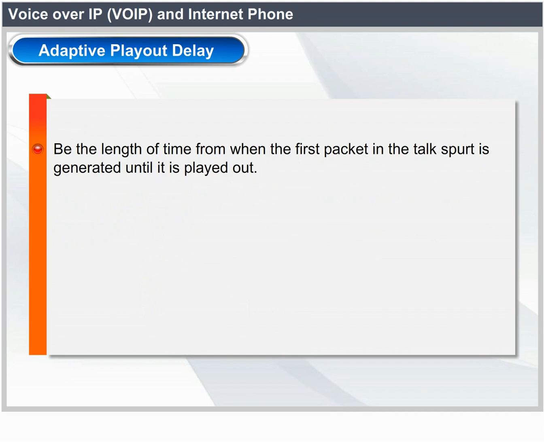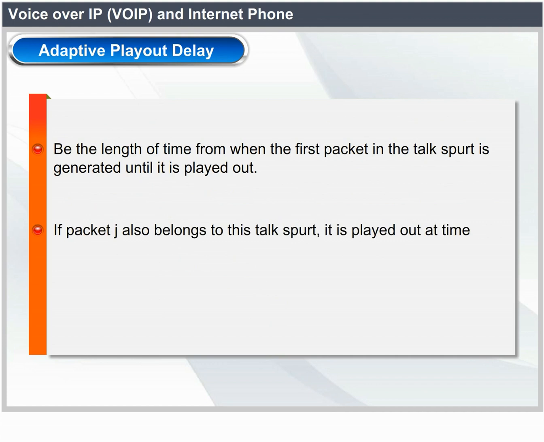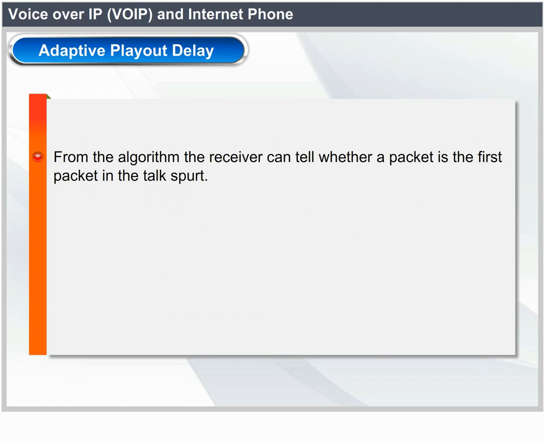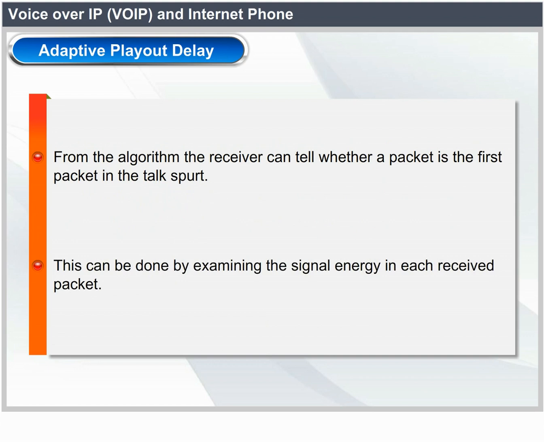If packet j also belongs to this talk spurt, it is played out at time pj is equal to tj plus qi. From the algorithm, the receiver can tell whether a packet is the first packet in the talk spurt. This can be done by examining the signal energy in each received packet.